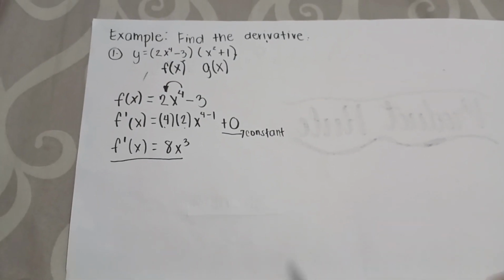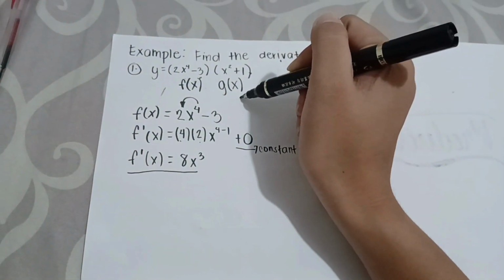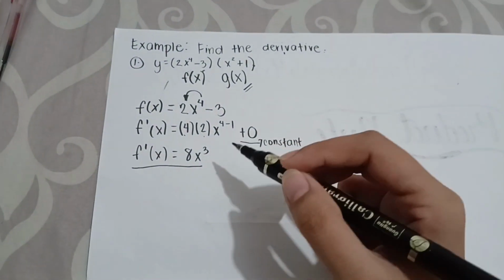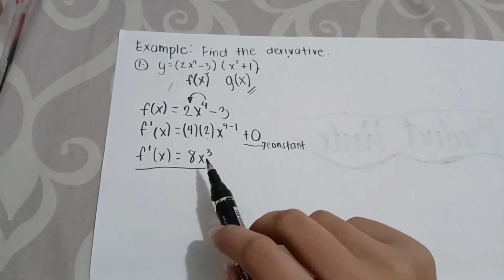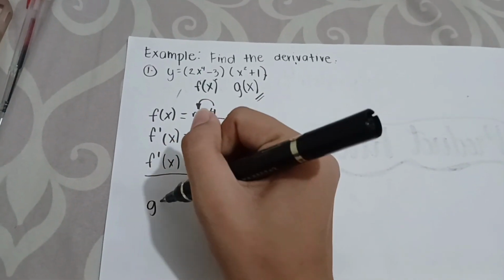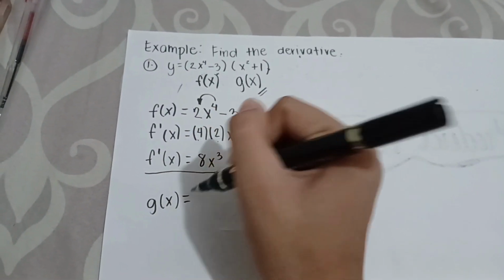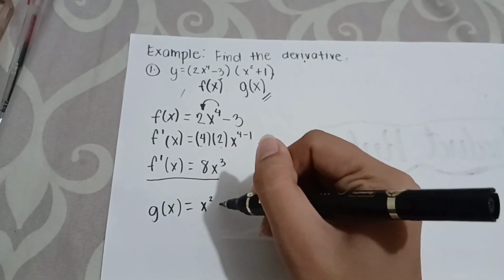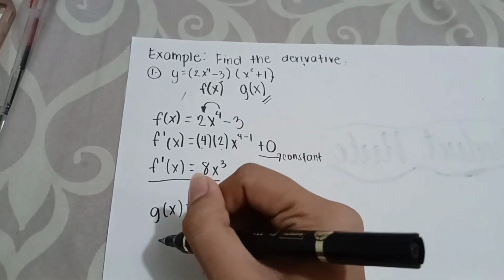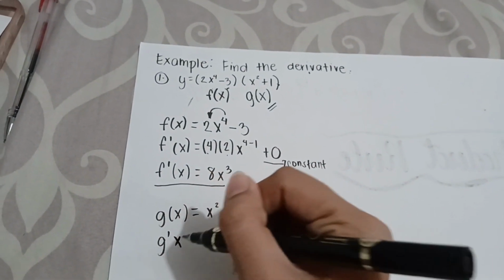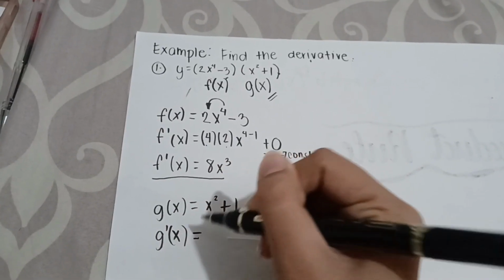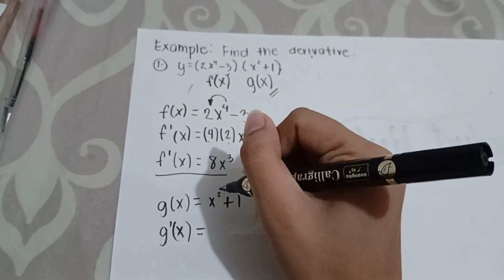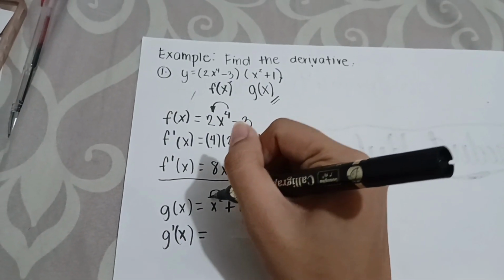Next, we will get the g of x. It's still the same process. g of x is equal to x squared plus 1. Then g prime of x, it's still the same process.